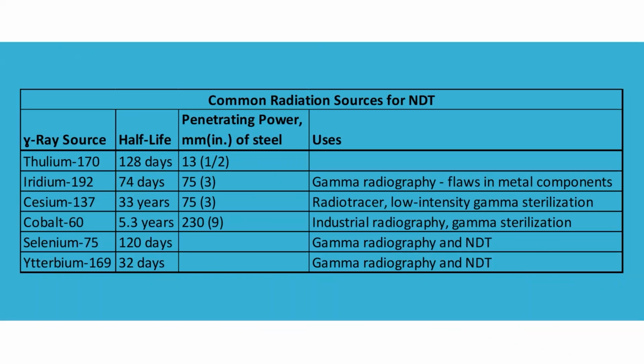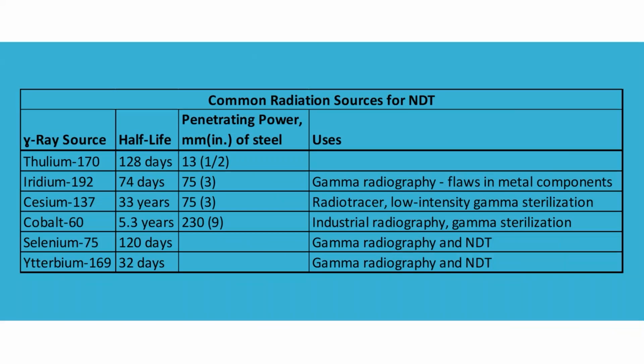What that means is if we're trying to get the same image the day that selenium 75 was produced versus trying to use it to perform radiography on a part 120 days later, you're going to have to double your exposure time if that's a 120-day-old source of radiation.